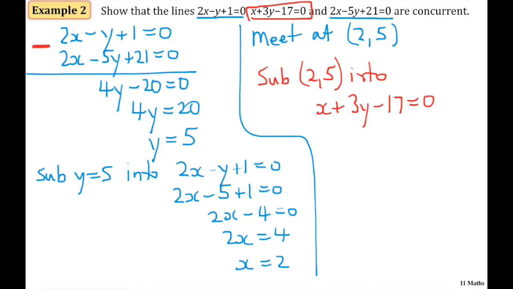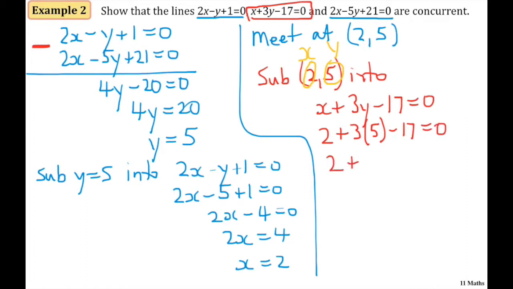So everywhere I see the letter x, I'm actually going to be putting in 2. Everywhere I see the letter y, I'll put in 5. Let's see what happens. X now becomes 2 plus 3 times 5 minus 17 equals 0.